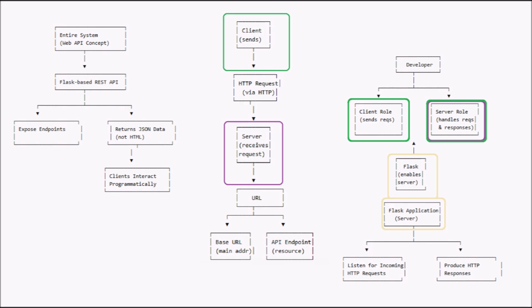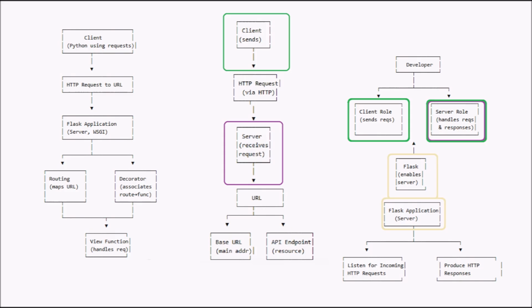In this way, all of these concepts form a continuous chain. A client, possibly written in Python using requests, sends an HTTP request to a URL that maps to a route in a Flask application. The Flask app, acting as a server within a WSGI framework, uses routing and decorators to direct the request to a view function.